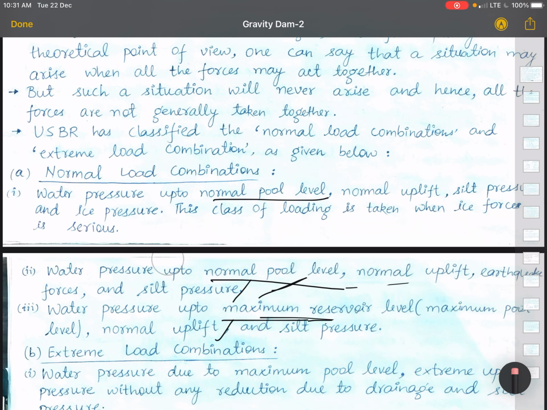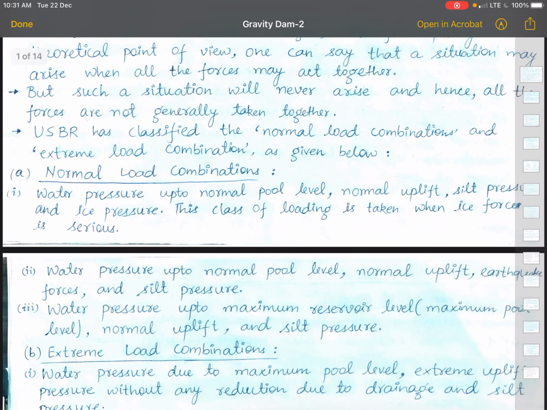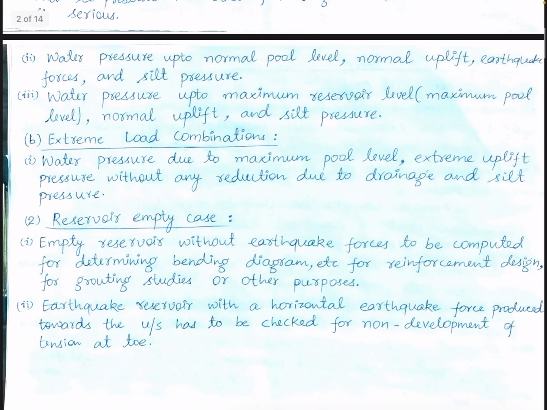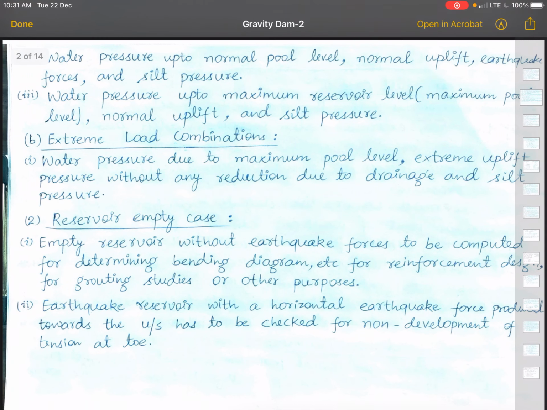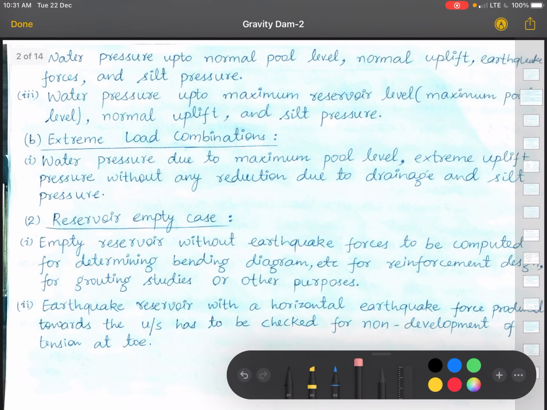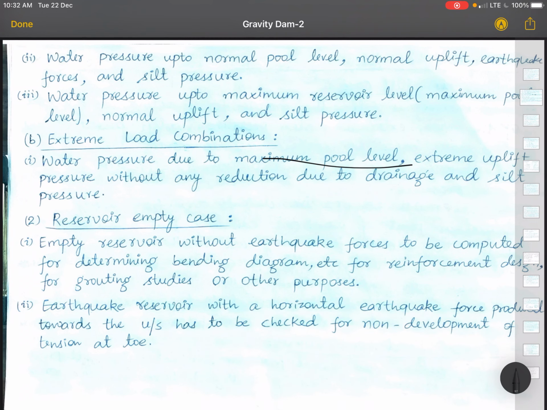Now let us see the extreme load combination: water pressure due to maximum pool level, uplift without any reduction due to drainage, and silt pressure. So this is the extreme load combination.